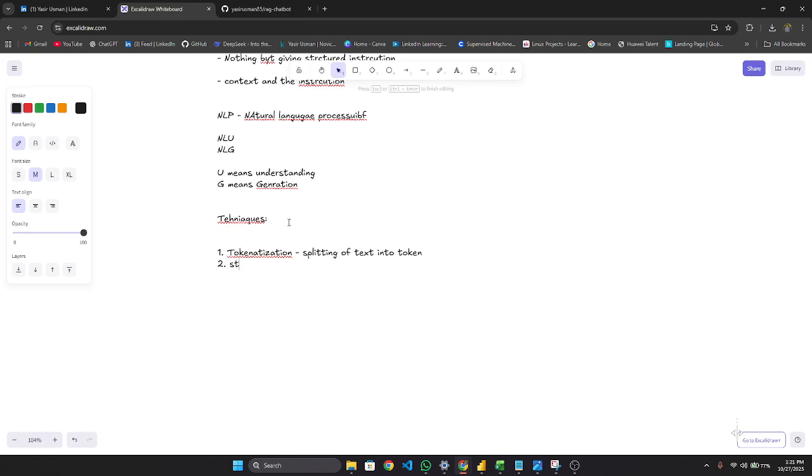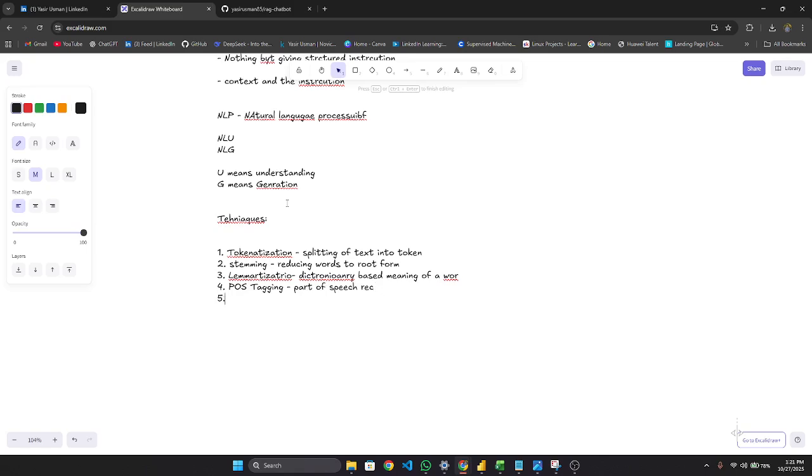Then we have stemming, which is reducing words to root form. Then lemmatization, which is the dictionary-based meaning of a word. Then POS tagging, which is part of speech recognition.